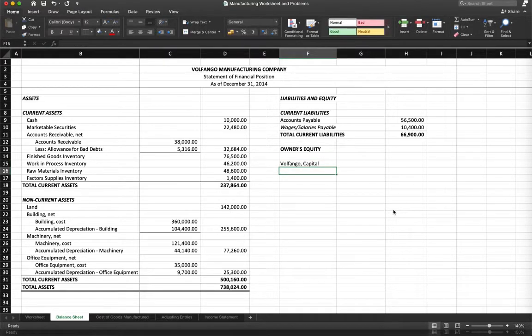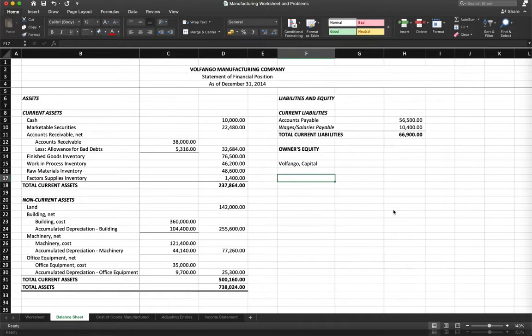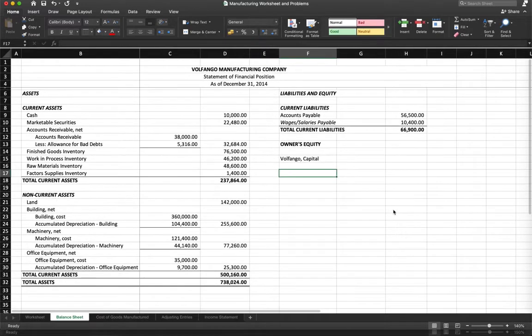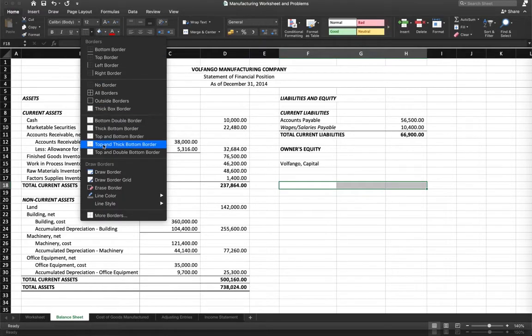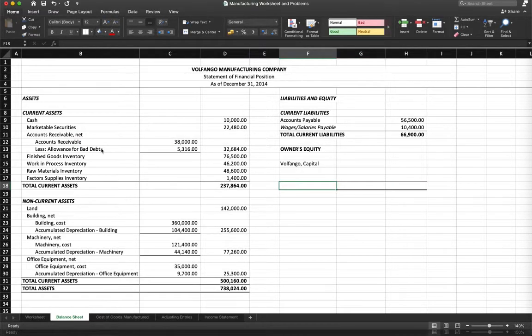Then, pag sinabi mong Volfango capital, yan yung ending capital. Gagawa tayo mamaya ng statement of changes in owner's equity. Pero ang konti na lang pala. Ito na lang. Tapos lalagay natin dito yung total liabilities and equity.